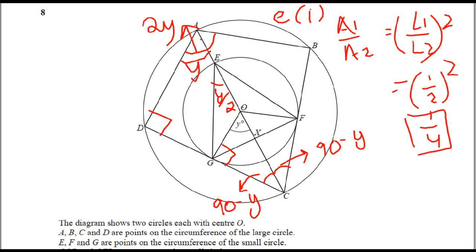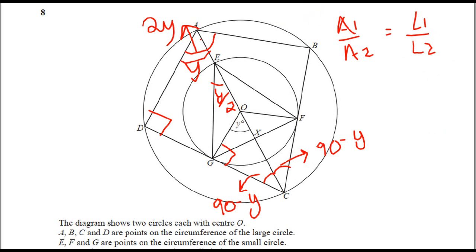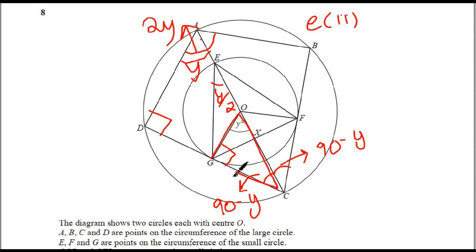Part 2, find the ratio of the area of triangle OGC to the area of the whole quadrilateral ABDC. So we'll use the previous answer here.